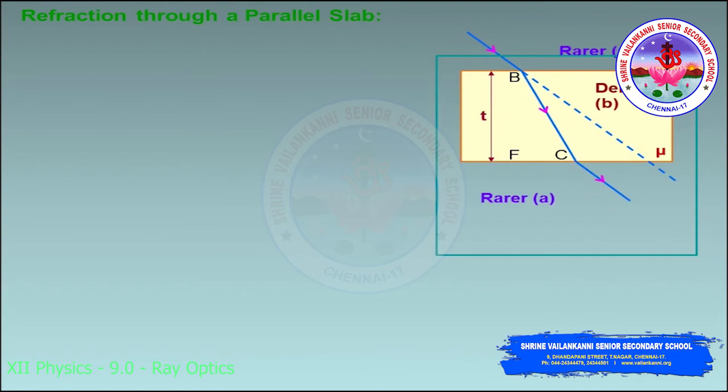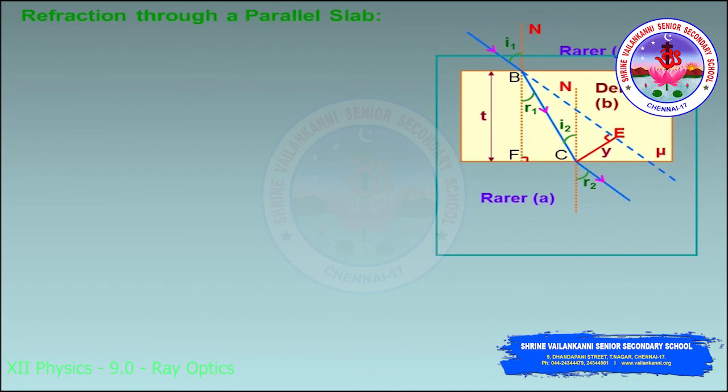The first angle is i1, and it reaches r1. The refracted ray in the denser medium is the incident ray for the second surface, with angle of incidence i2, and it emerges through that surface, bending away from the normal at an angle of refraction r2.